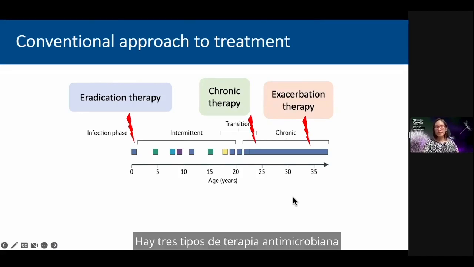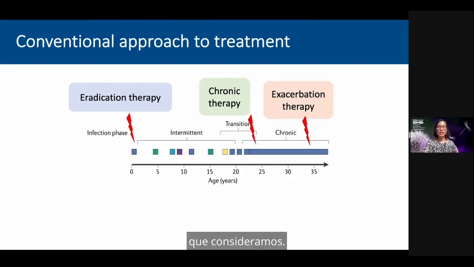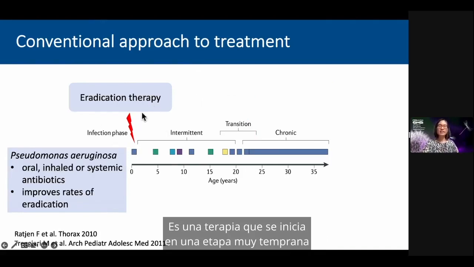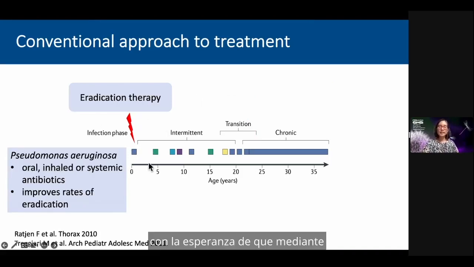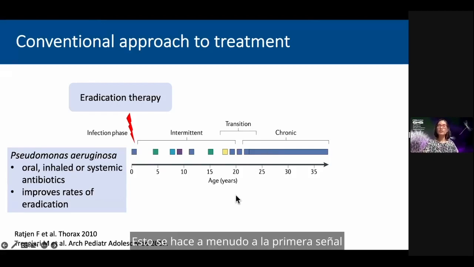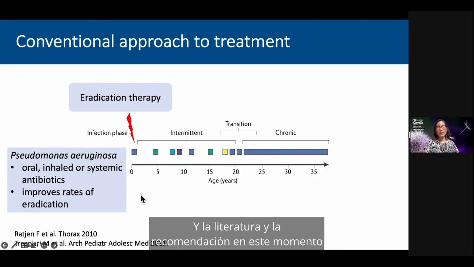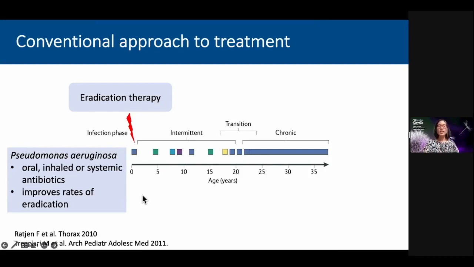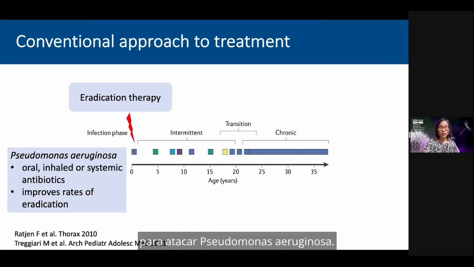So there are three types of antimicrobial therapy that we consider. One is eradication therapy, and it is what it sounds like. It is therapy initiated at a very early stage with the hope that by using some sort of antibiotic regimen, this will prevent the transition into the chronic stage. So this is often done at the first sign of a positive culture. The recommendation right now is that many centers will use eradication therapy to target Pseudomonas aeruginosa.